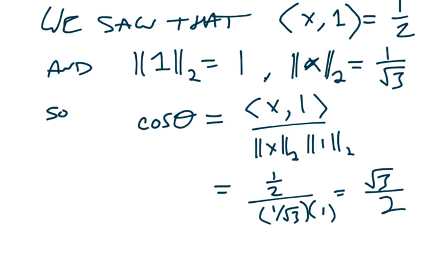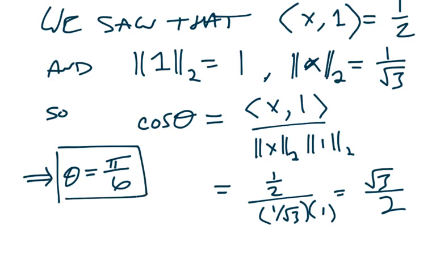And the cosine of this angle being root 3 over 2 tells you that theta has to be something very specific, right? This is going to be where x is bigger and y is smaller. That's going to be pi over 6. All right, so the angle between 1 and x, in this very bizarre way of defining an angle, is pi over 6, 30 degrees, if you prefer that.